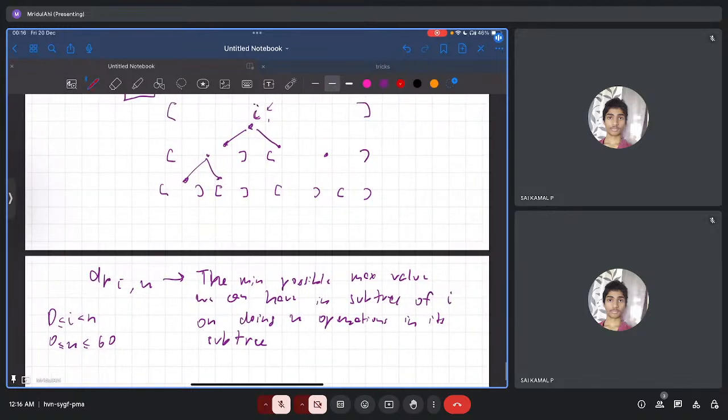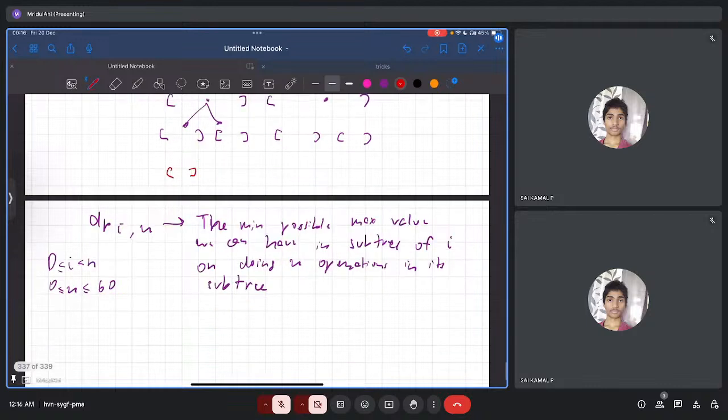First is the base case, where we have only a single element in the subtree. Let the index be j. For that, dp of I comma x would be A_j, with the ceiling division by B_j repeated x times.